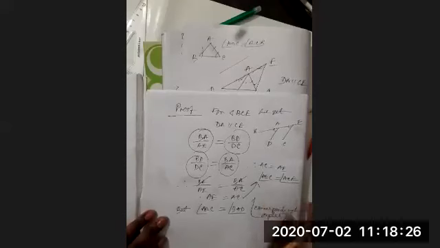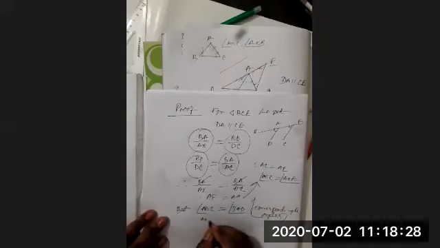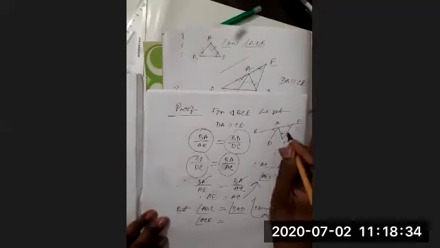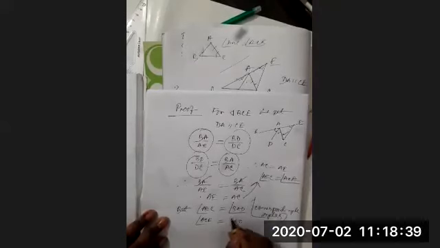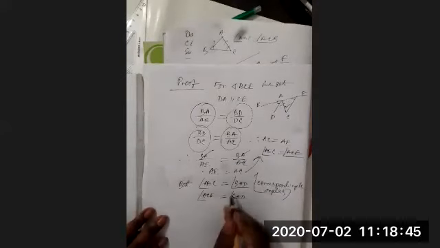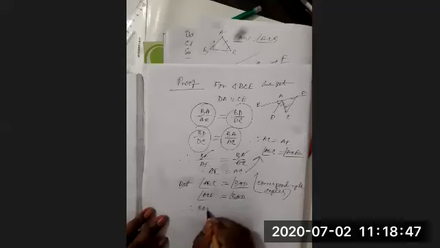Similarly, angle ACE equals angle CAD, meaning this angle. Angle ACE equals angle CAD. So that we can write now angle BAD equals angle CAD.